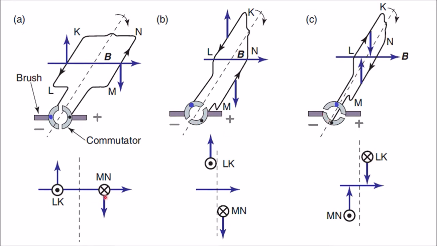And if I look at it here, it looks like this. LK was initially coming out, now going in. MN, same idea. The current was initially going into the page, now out of the page. So the current in those wires has essentially reversed after half a rotation.